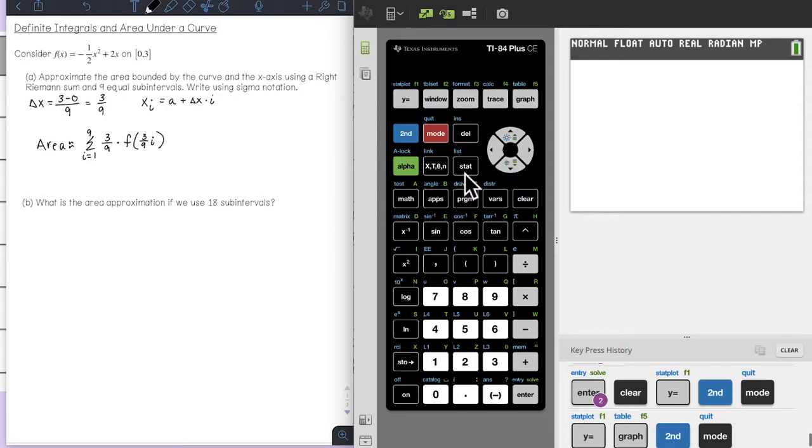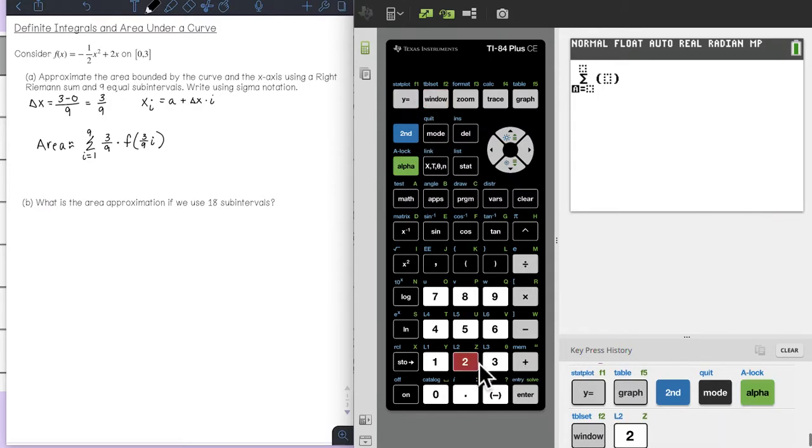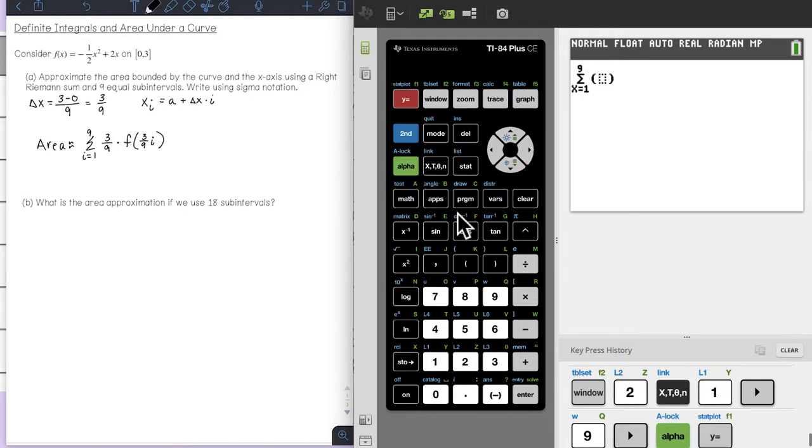So I'm going to go ahead and use my calculator to evaluate this. So I'm going to pull up my summation. I'm going to use the variable x here because it's easier to type on my calculator. And then times. Now, if you have an updated TI-84, the easiest way to pull up and use a stored function, you can of course use the vars key and then go over to yvars and select it.